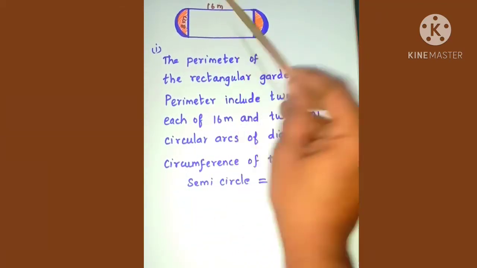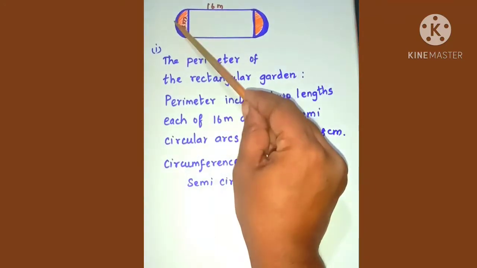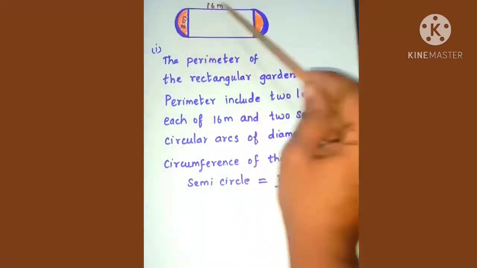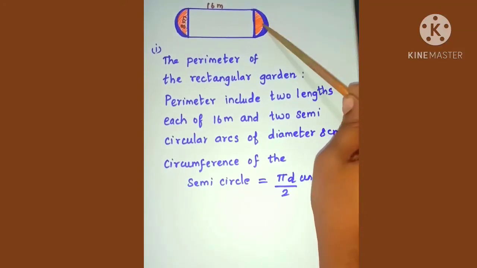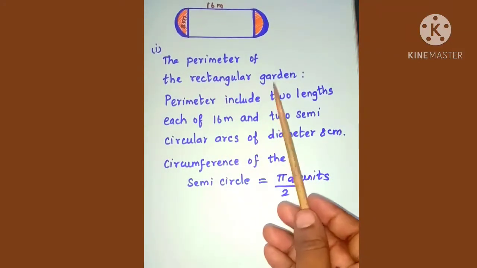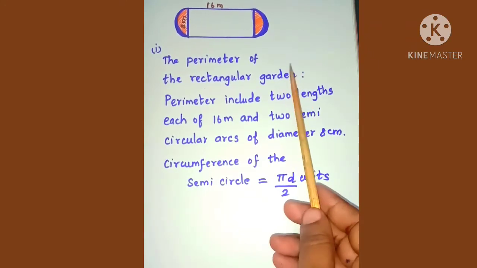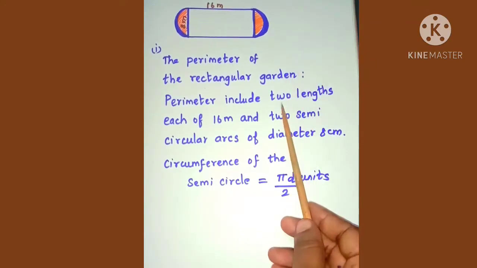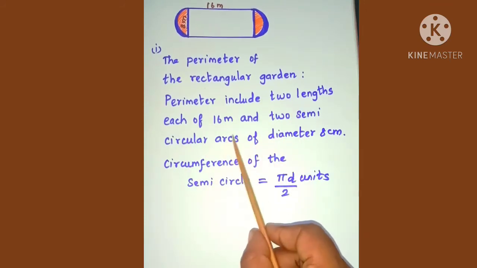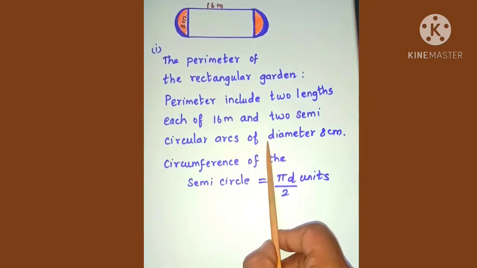So length plus semicircles circumference. So the circumference of these two semicircles. So we know that circumference of the circle is 2 pi r and circumference of the semicircle is 2 pi r divided by 2. Isn't it?